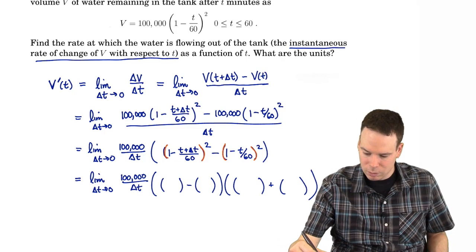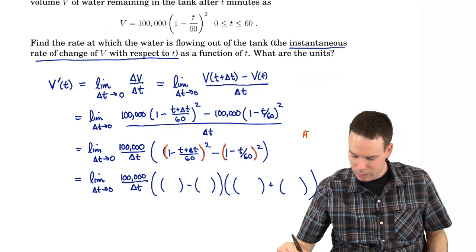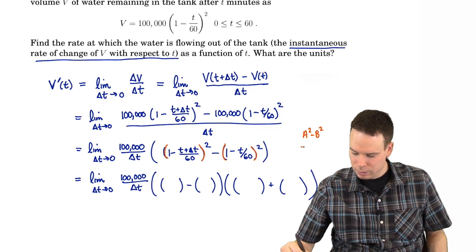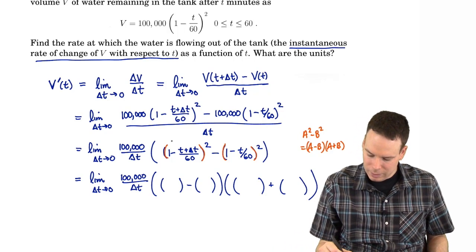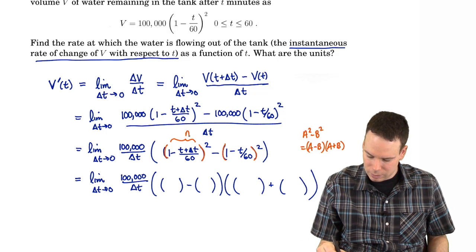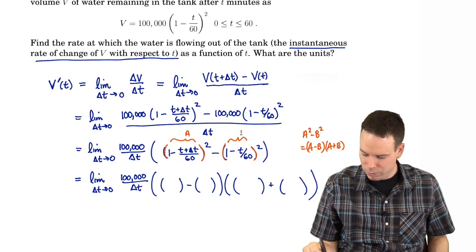So I'm imagining we're staring at something like a squared minus b squared, and that is equal to a minus b times a plus b. What is a? I'm imagining this whole thing is a. What is b? I'm imagining that whole thing is b.